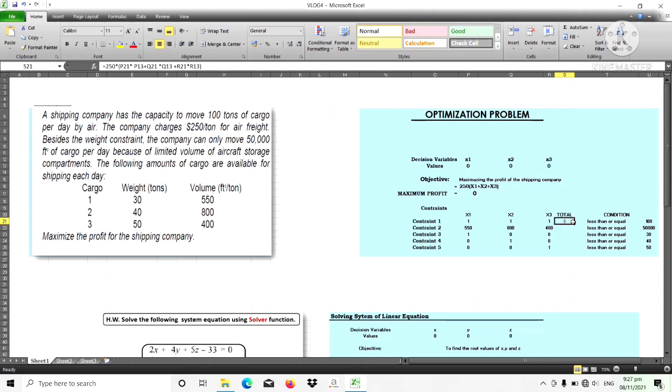So click this and drag down. So the values for now are all 0.